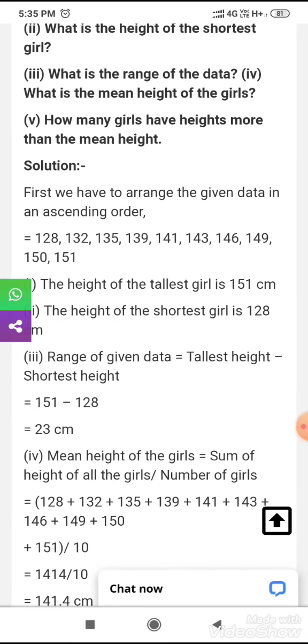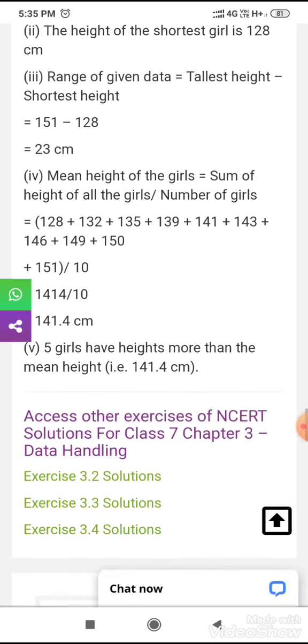So first we arrange our data in ascending order, and after arranging, we clearly see here that the height of the tallest girl is 151 centimeters, and the height of the shortest girl is 128 centimeters. So the range of this data is equal to tallest height minus shortest height, and it is 23 centimeters.